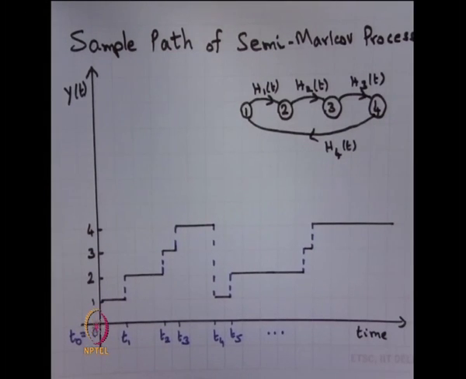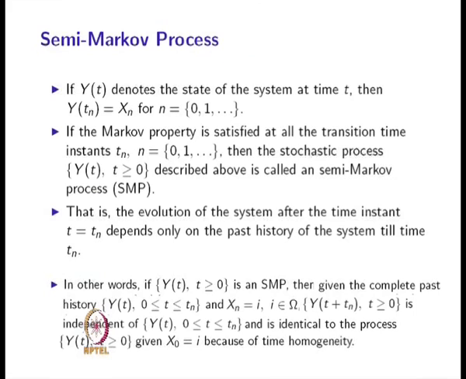That is, the evolution of the system after the time instant t equal to Tn depends only on the past history of the system till the time Tn.